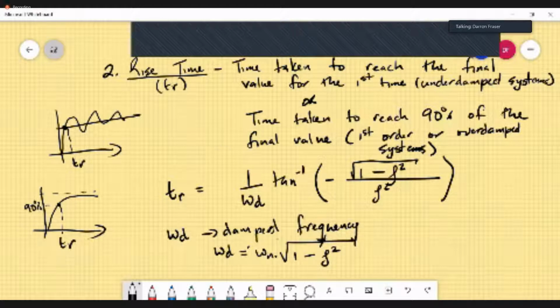So this is for a second order system or higher. That is rise time.